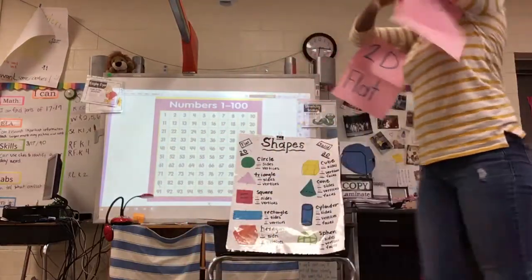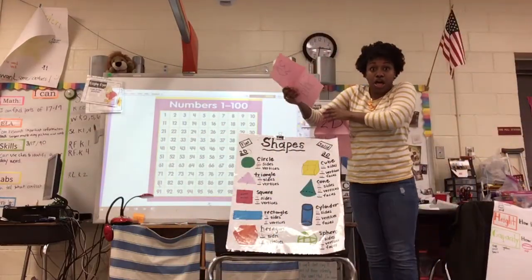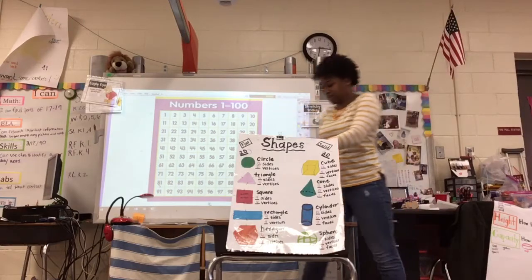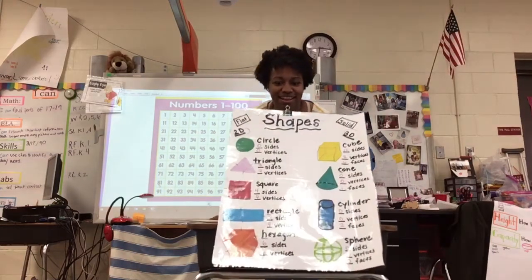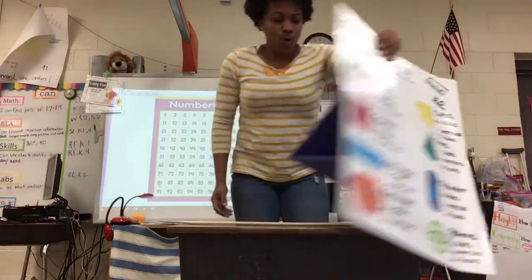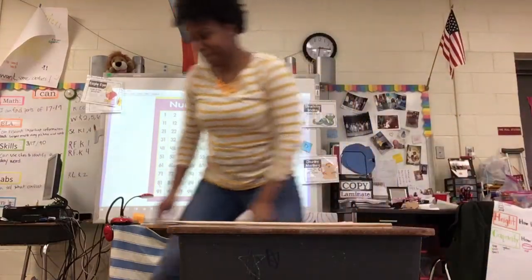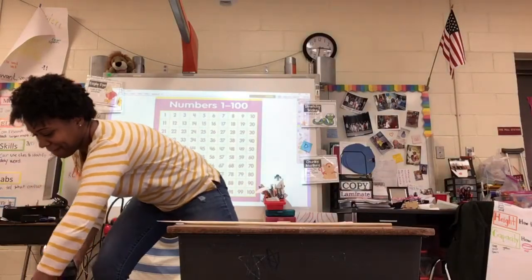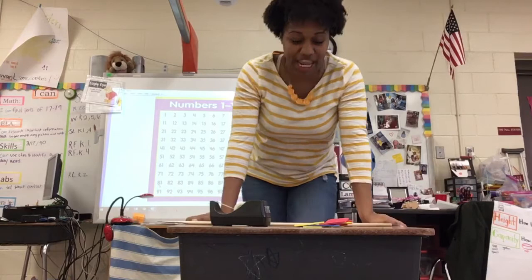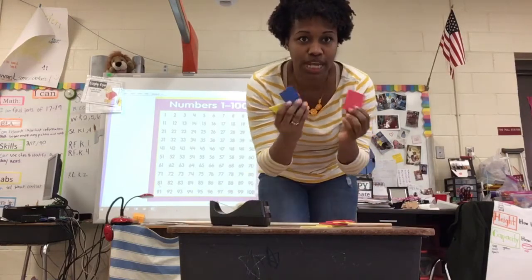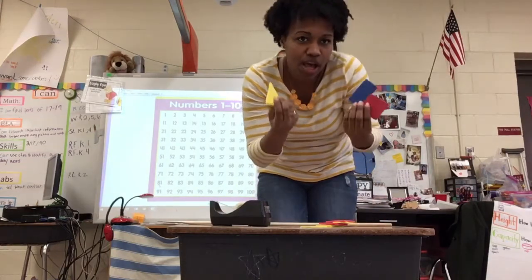All right, so let's see some different examples of some solid and some flat shapes. These are different shapes. These are Miss Moore's foam shapes. Some of these shapes are solids.